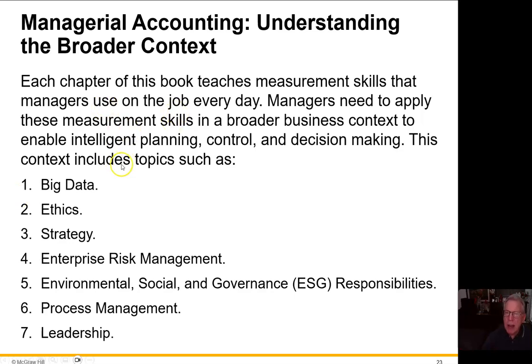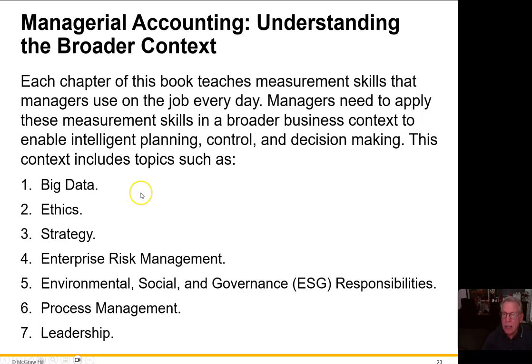Okay, each chapter of this book, as we understand the broader context of managerial accounting, teaches measurement skills that managers use on the job every day. Managers need to apply these measurement skills in a broader business context to enable intelligent planning, control, and decision making.